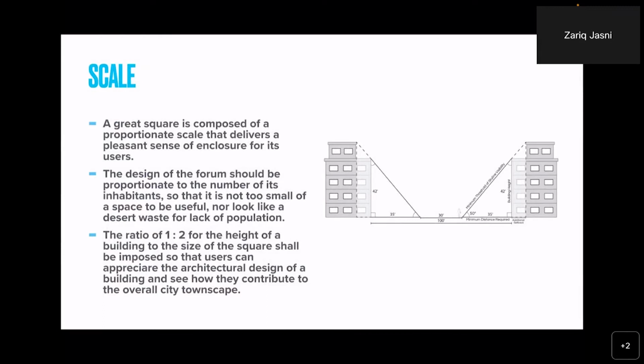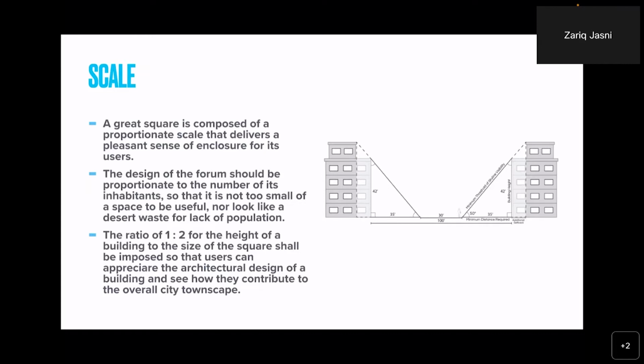And the ratio of 1 to 2 for the height of a building to the size of the square shall be imposed so that users can appreciate the architecture design of a building and see how they contribute to the overall city townscape. As you can see, there are minimum distances required in the design of a square.